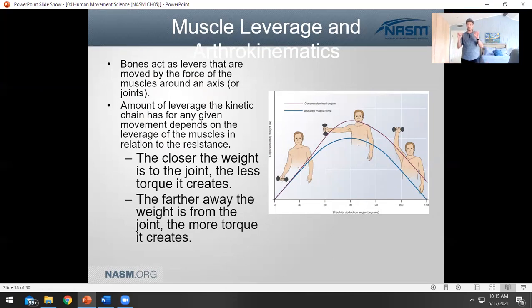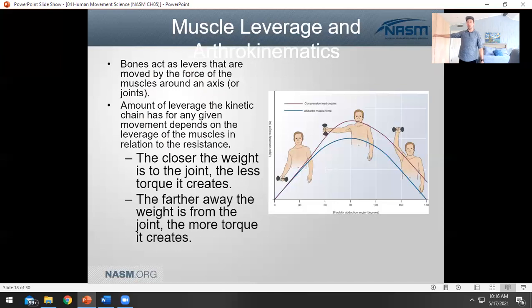If I've got dumbbells in my hands, my dumbbell is very far away from my shoulder joint because my arm is this long, right? So if I do lateral raises, there's a lot of torque in this exercise because I'm pivoting from here, and this is like 2.5, 3 feet away. That's a pretty big distance. Now, let's say I want to reduce the amount of torque as I do that shoulder raise.